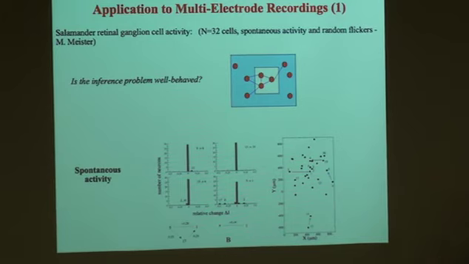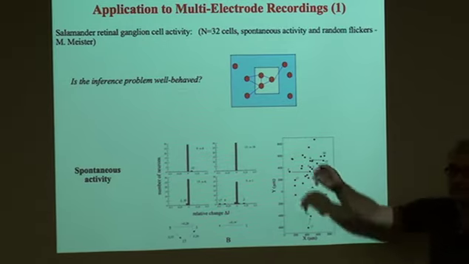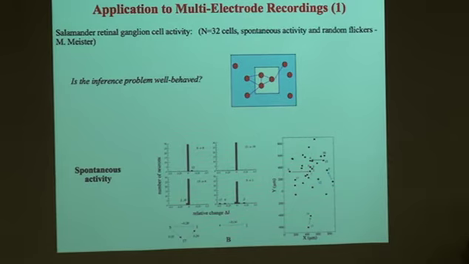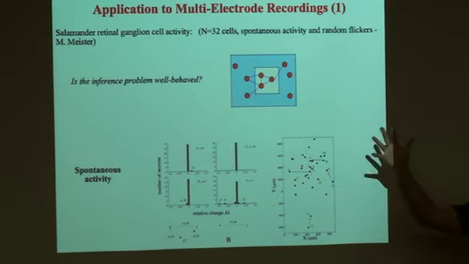Well, first of all, before talking about what they could mean, is the problem well behaved? It's an important problem because what you record on the retina is very small compared to the whole retina. You record a few tens of cells among thousands of them.